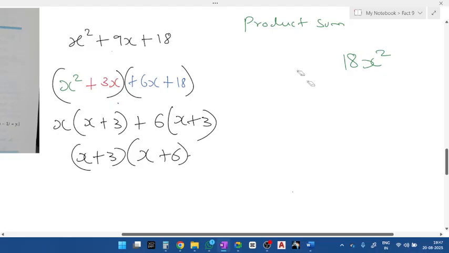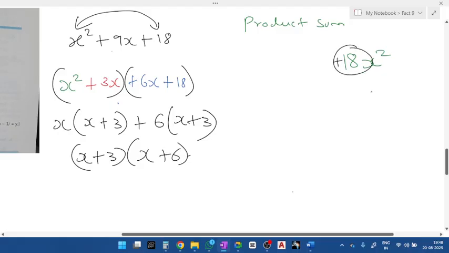Okay. This is how you solve. Look here. Fine. I'll explain once again, students. Whoever didn't understand, concentrate. Look at the screen. Tell me now, what's the first step we do? You take the first one and the last one. 18x square. You are supposed to get 18. Remember this number, positive 18.